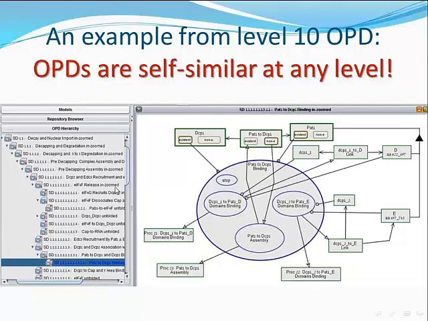This is one of the strengths of OPM, that it is very generic and very simple on one end, but allows you to go into any level of detail, and all the diagrams are self-similar, almost like fractals, if you're familiar with this.